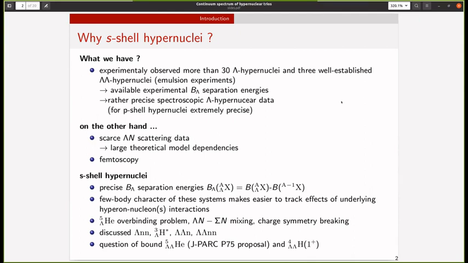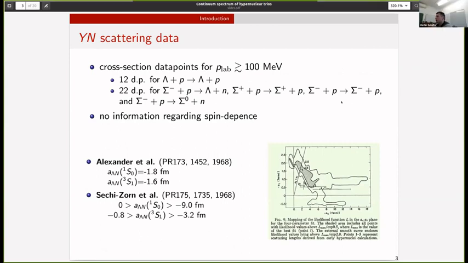S-shell systems. Just to remind, this slide has already been shown by Nir: we have very few cross-section data points, predominantly at higher energies. And from these data points there is basically no information regarding spin dependence. These data are relatively old, as Nir already said.